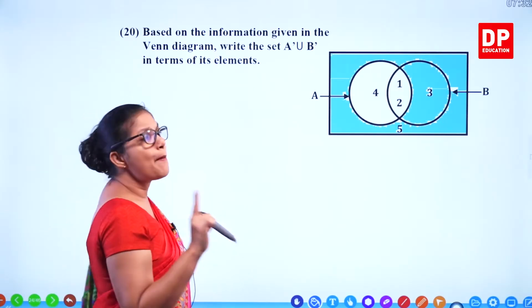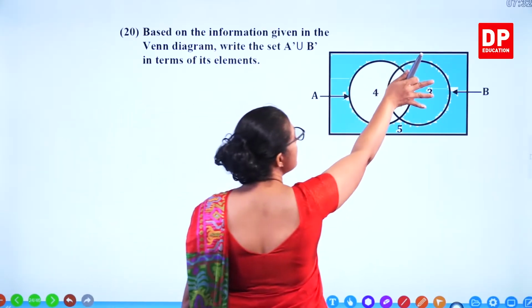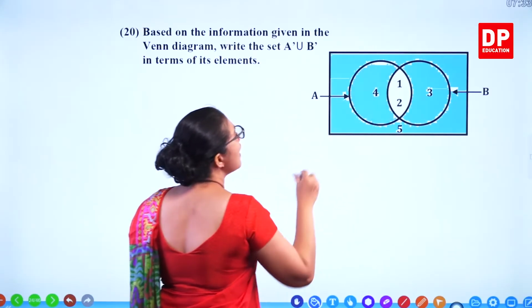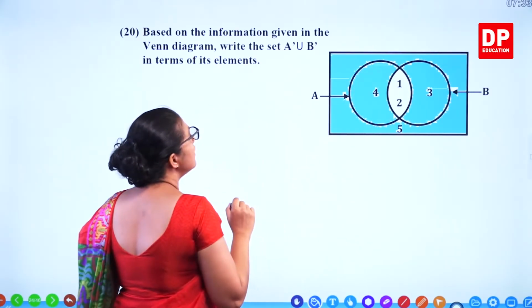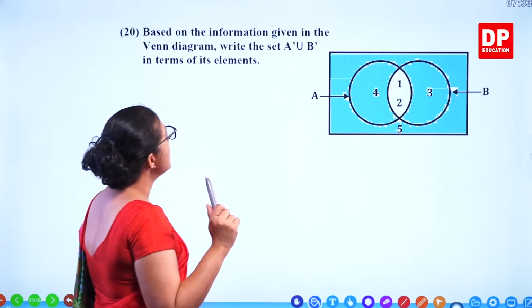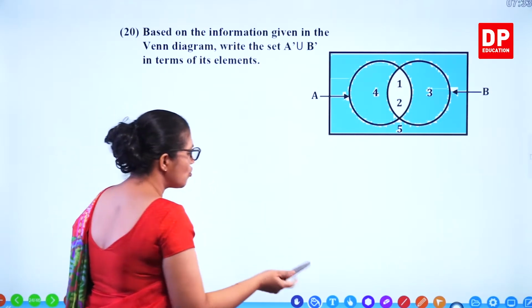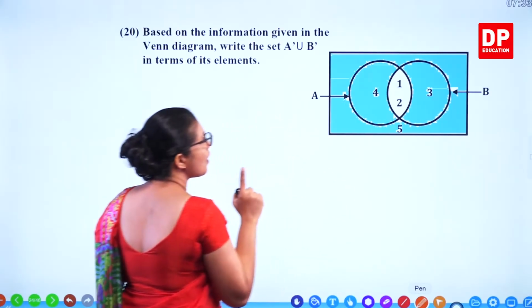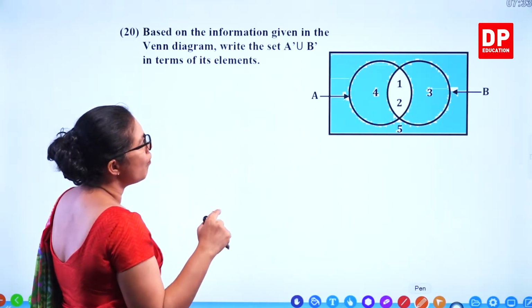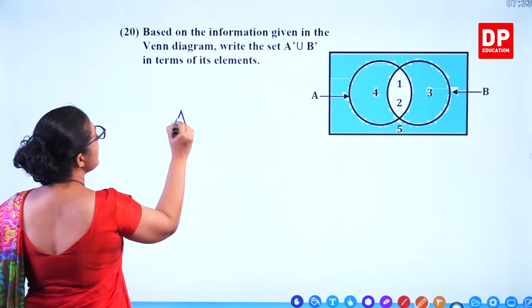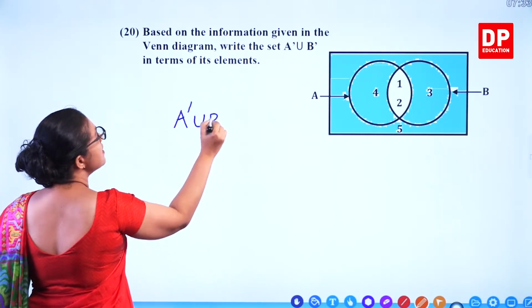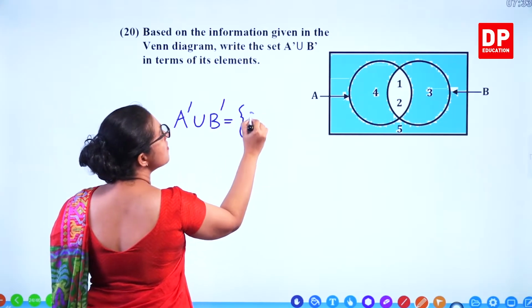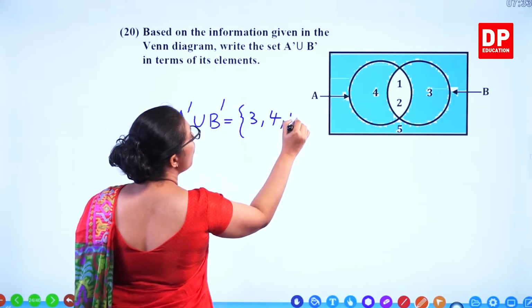Now you have to color B dash, everything outside B. So you have to color this part as well. So that's A dash union B dash. So what are the elements there? 3, 4, 5. A dash union B dash is 3, 4, 5.